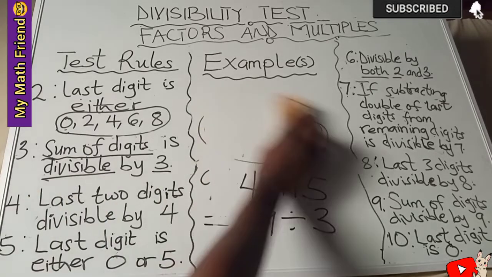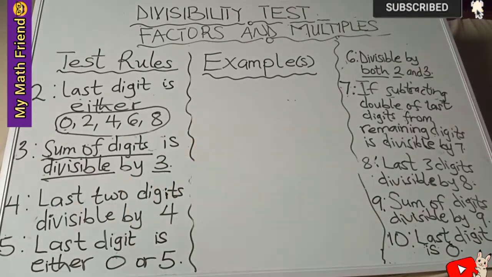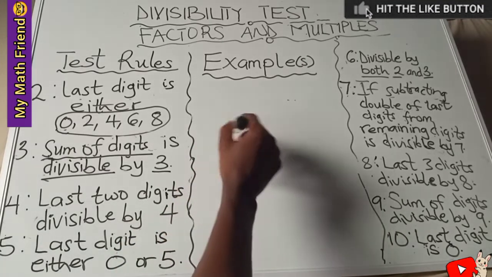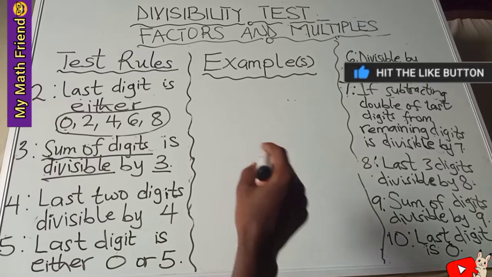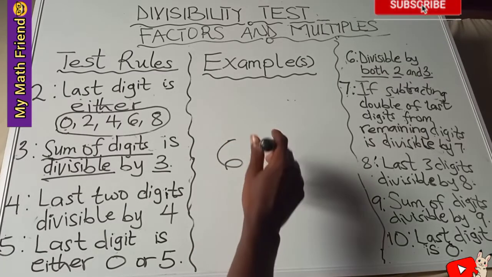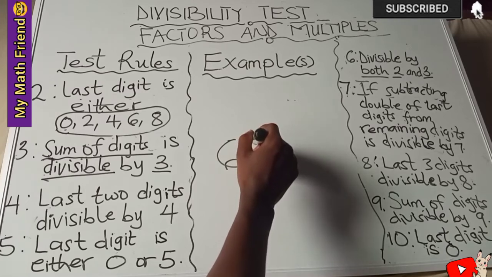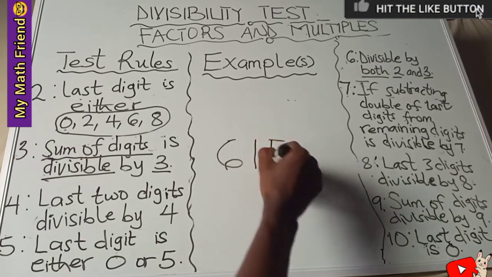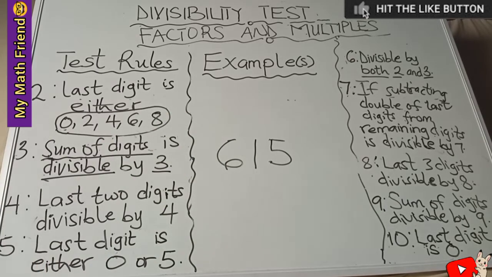You get that one very well. Let's look at another example for 3. What about 615?